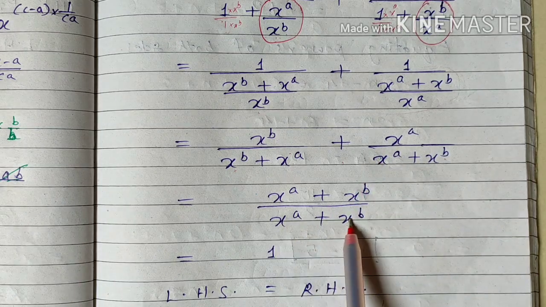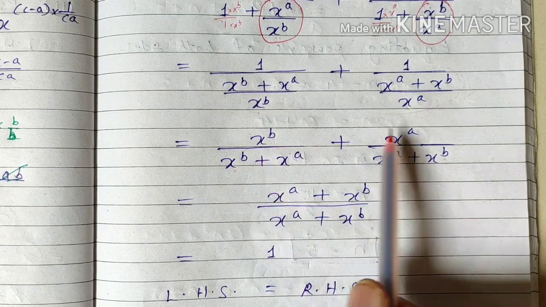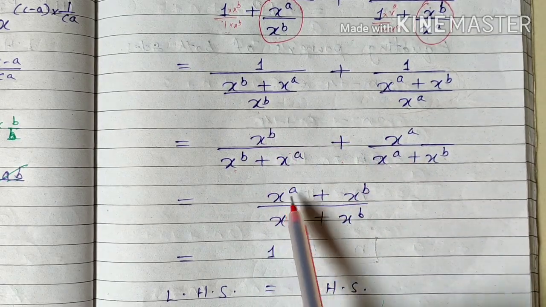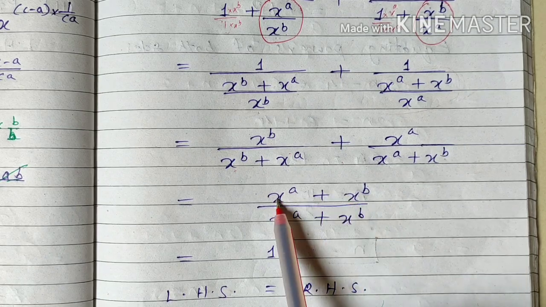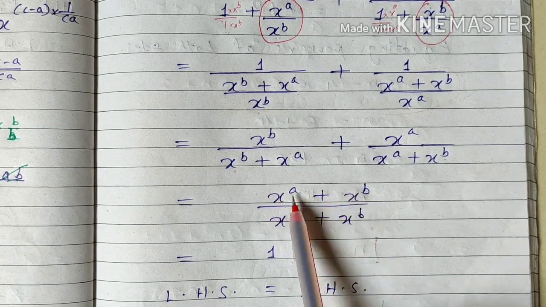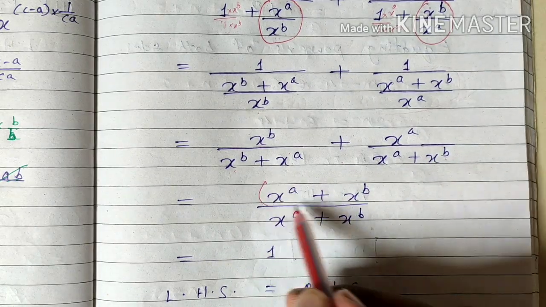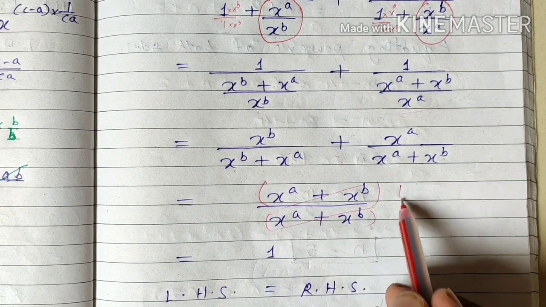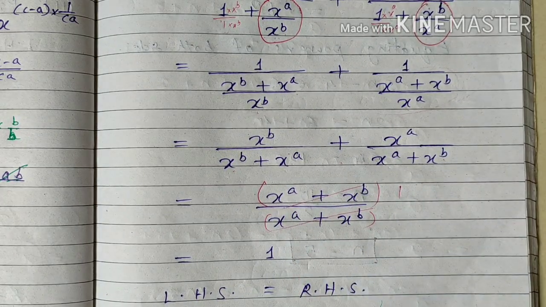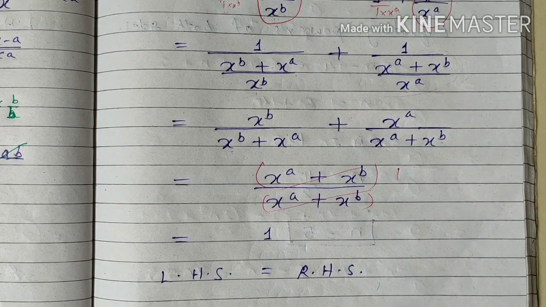Therefore, we write x raised to a plus x raised to b as the denominator, and the addition of their numerators, that is x raised to b plus x raised to a, or we can also write x raised to a plus x raised to b, one and the same thing. Numerator and denominator are the same, so they get cancelled, and 1 is the final answer. So ultimately we can say that LHS and RHS are equal.